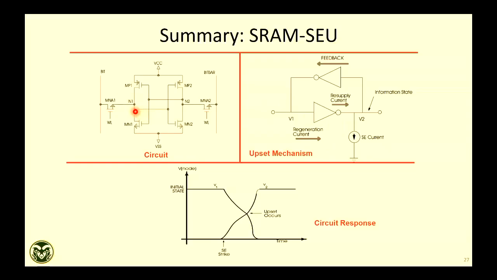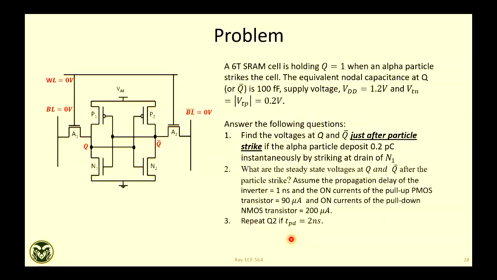It is not the initial charge, how much charge you stored. It is how much charge you can restore as well during this propagation delay time. That can decide whether the cell will upset or not, right? For example, here, upset took place in this particular case. So let's look at one problem and then we'll be pretty much done.